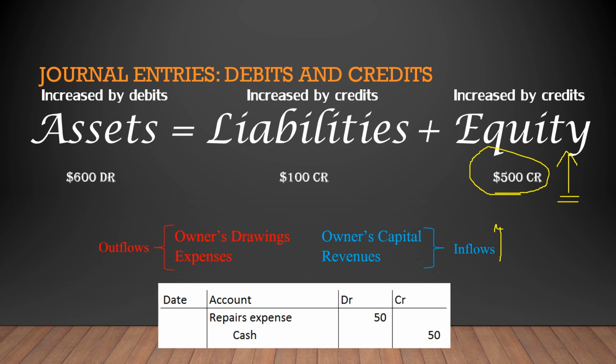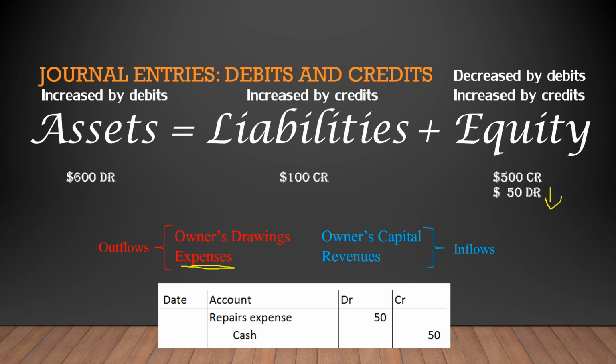We're paying someone else to provide a service to us, so we have an expense. Therefore, we will increase our expense account with a debit, and that debit will decrease equity. Appropriately enough, we're paying out cash to the repair shop, so we'll decrease our assets, namely cash, with a credit.